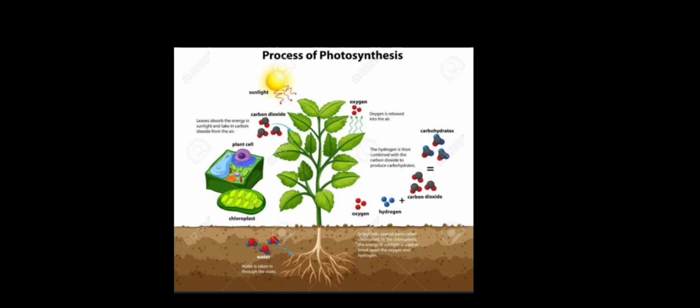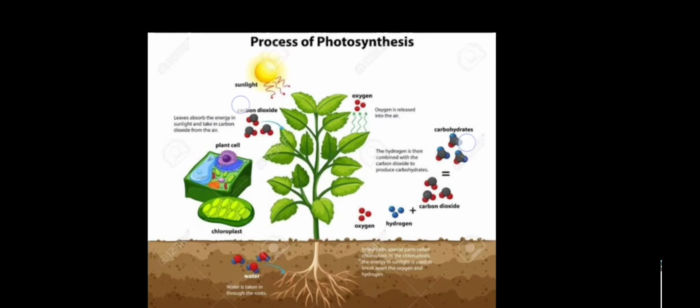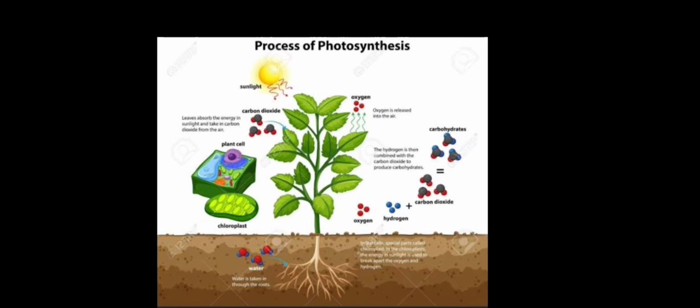Now, let us see the various steps that are involved in the process of photosynthesis. When you see the process of photosynthesis, there are three steps in it. First of all, the light energy will be absorbed by the chlorophyll and that light energy will be converted to chemical energy.